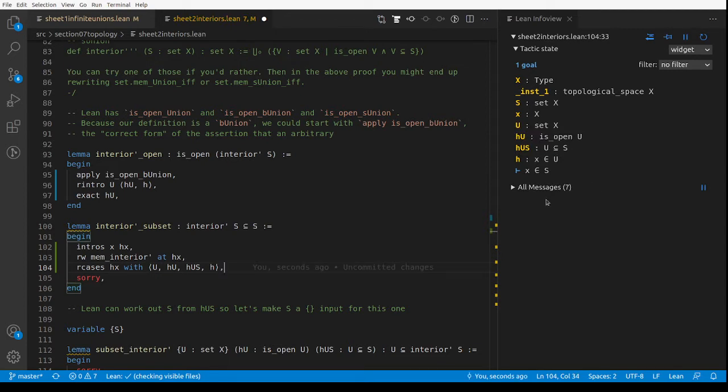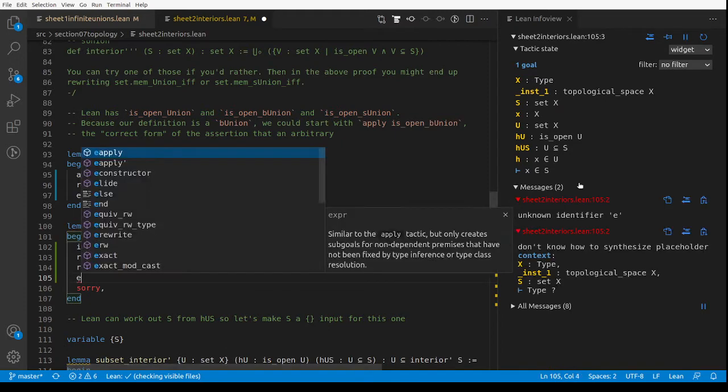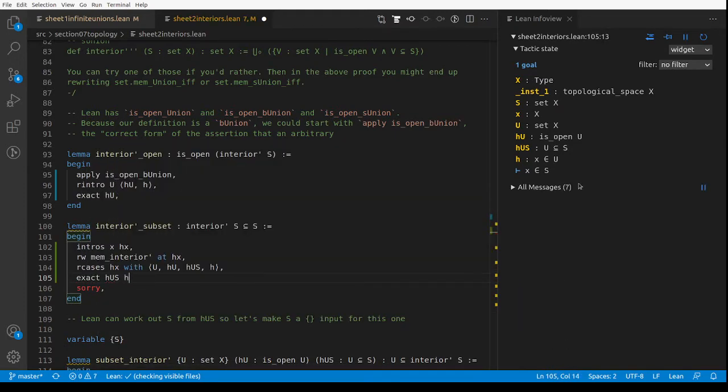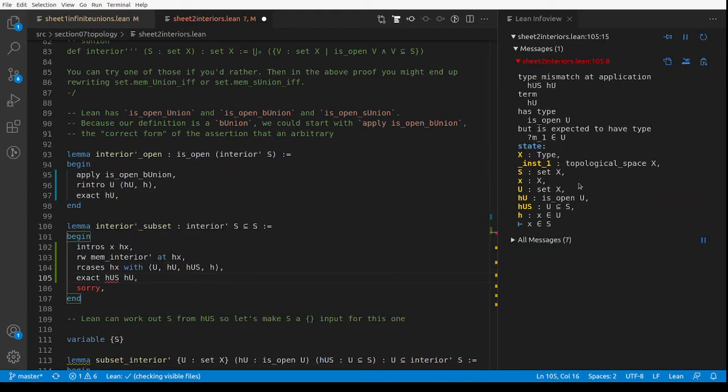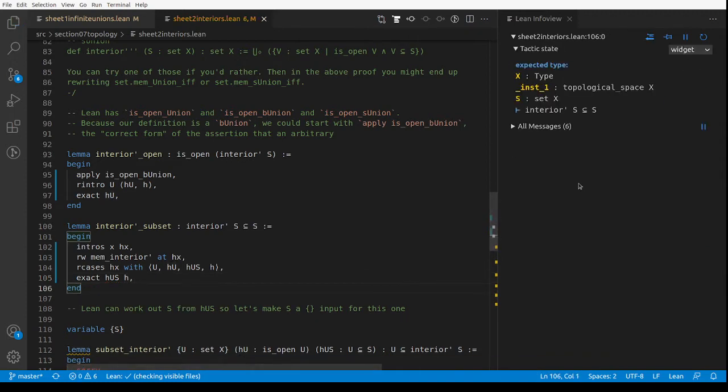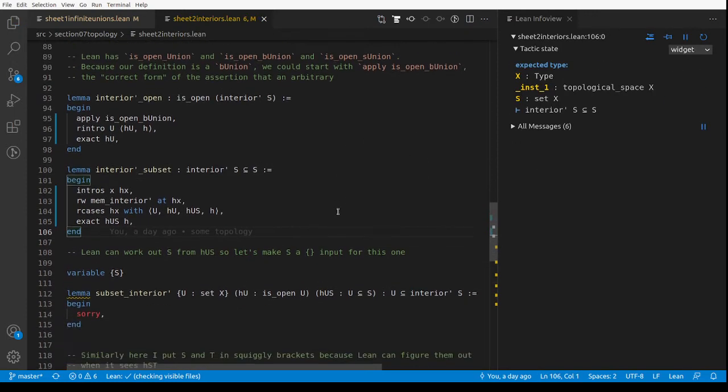And now we've got U is in S and x is in U, and we need to prove that x is in S. Remember, U is a subset of S, that's a function, right? It eats a proof that x is in U and spits out a proof that x is in S. So this is exact hUS, hU. Oh, no, it isn't. hh. It's exactly that. So there we go, 4 lines for that one.